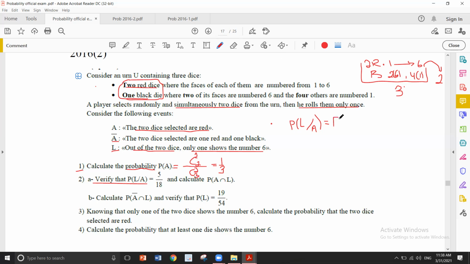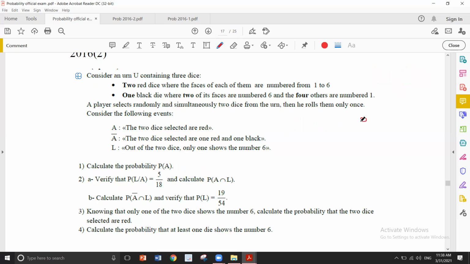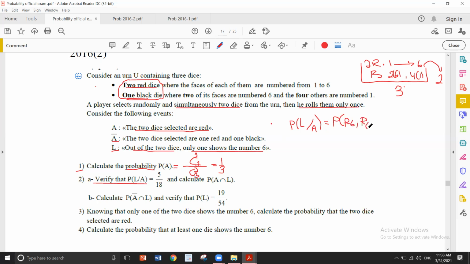It means the first red die shows 6 and the second red die shows not 6, or the first red die shows not 6 and the second red die shows 6.